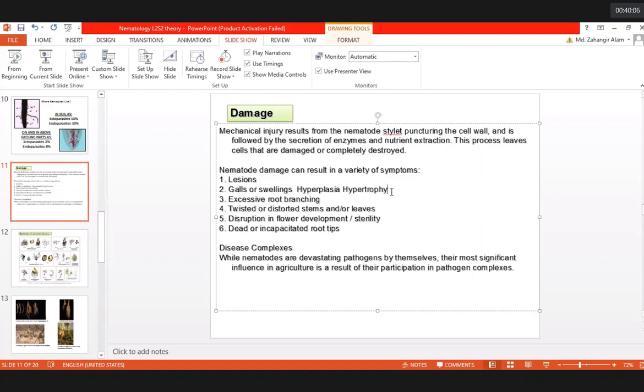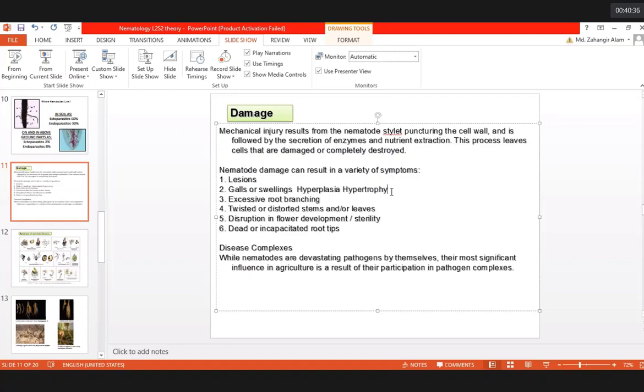Hypertrophy means abnormal enlargement of an individual cell. The giant size cell. If the normal cell size is, for example, a diameter of 1 micrometer, then because of hypertrophy, the diameter will be 100 or 400 micrometer.